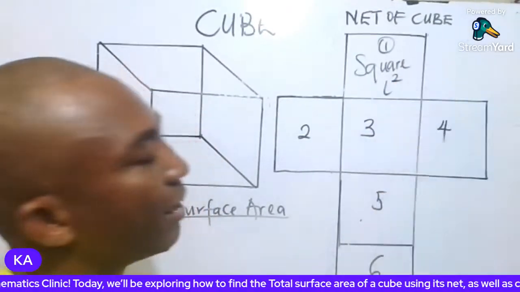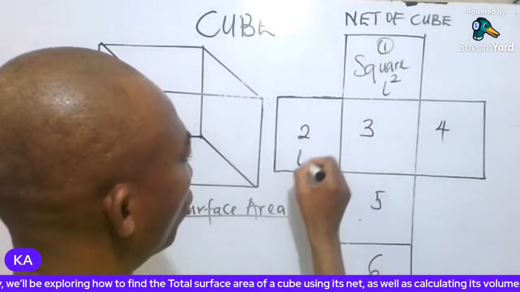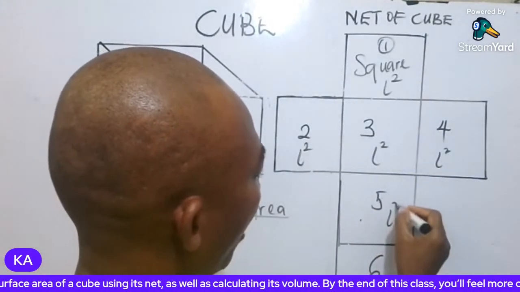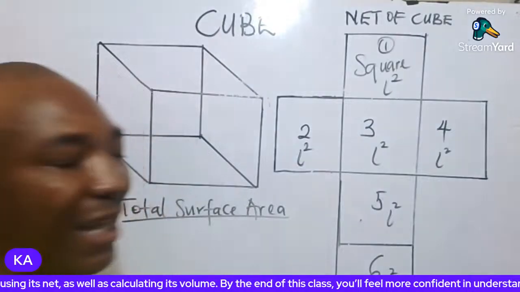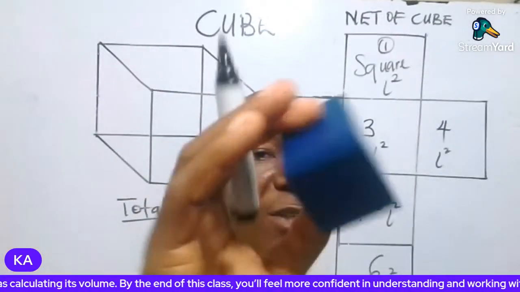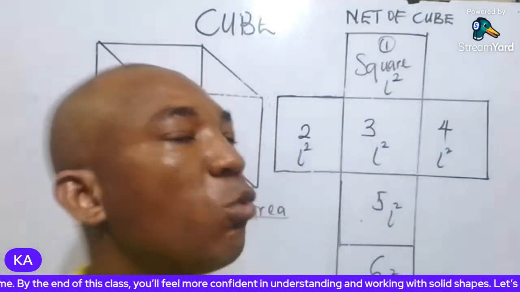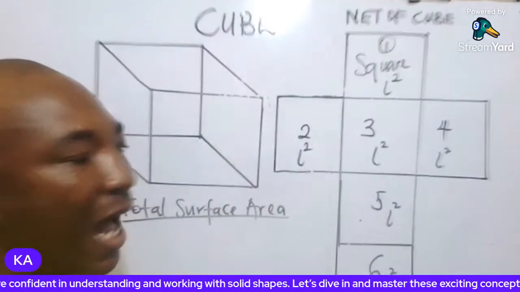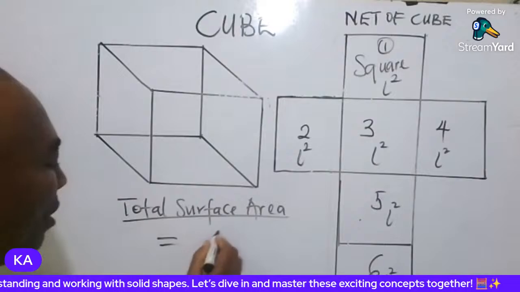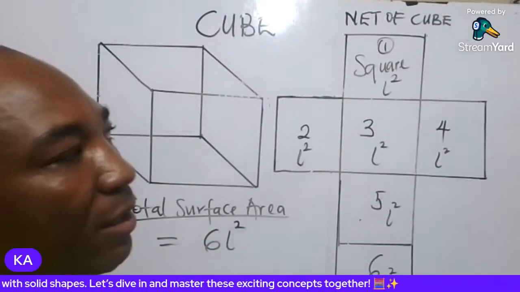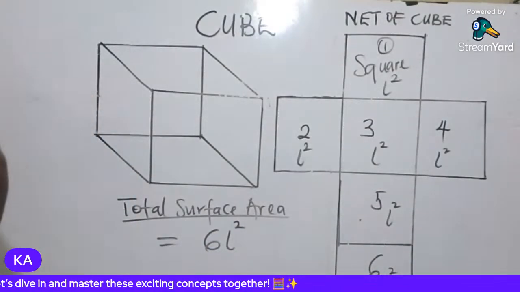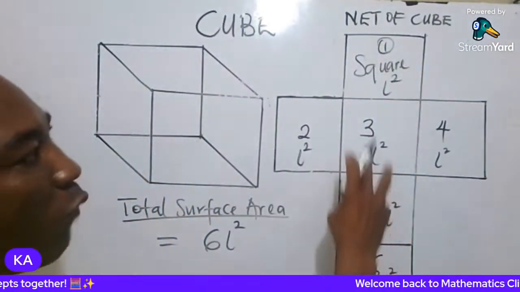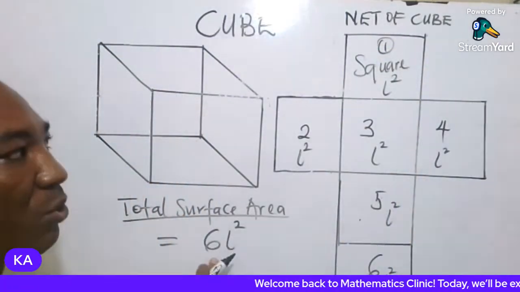It is L squared. So the area of the second one is L squared, L squared, and so on for each face. And in finding the total surface area of this cube, we add the areas of the 6 squares together. And that becomes 6L squared. So the total surface area of a cube is 6L squared.